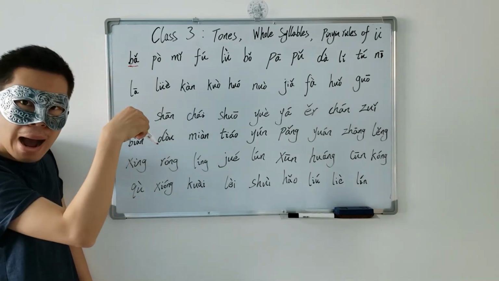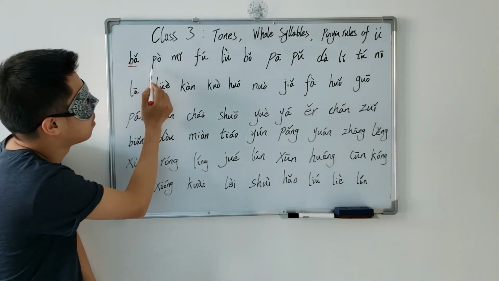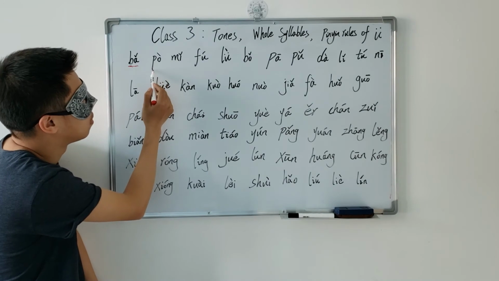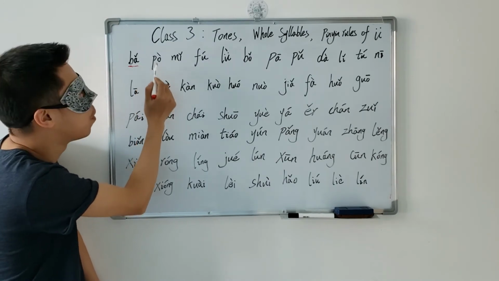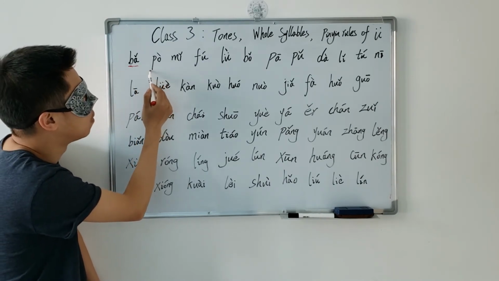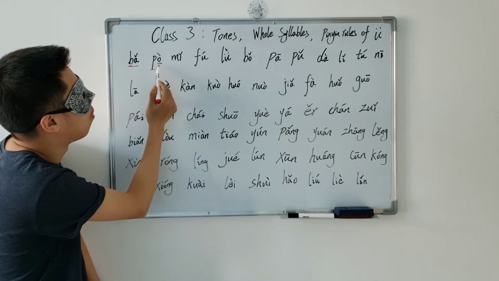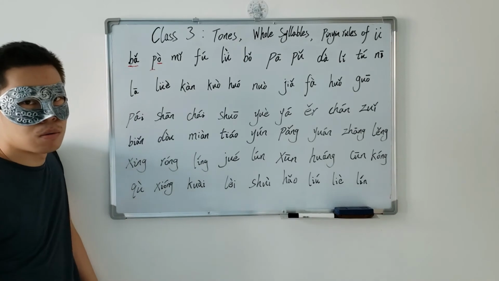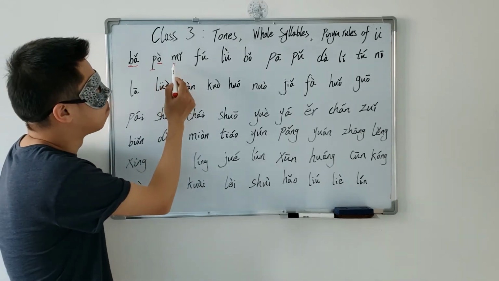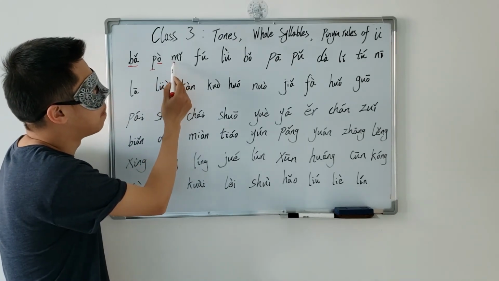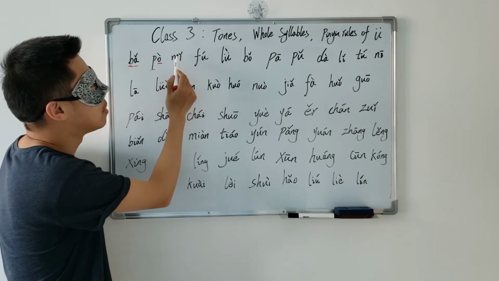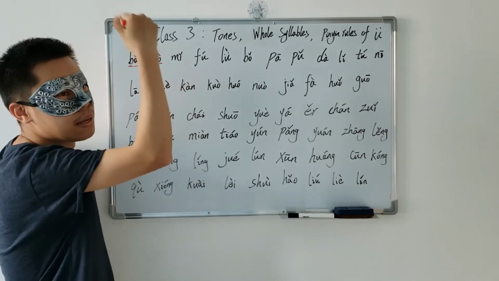Ba. The next one, the pronunciation is po. This one, m, yi, third tone, mi.